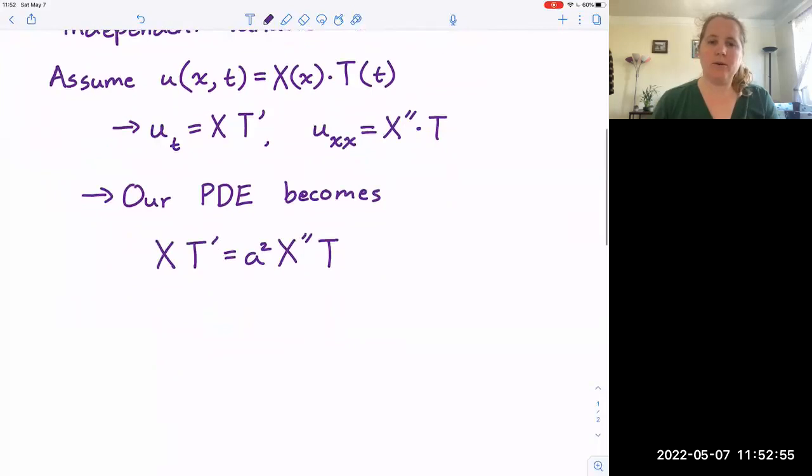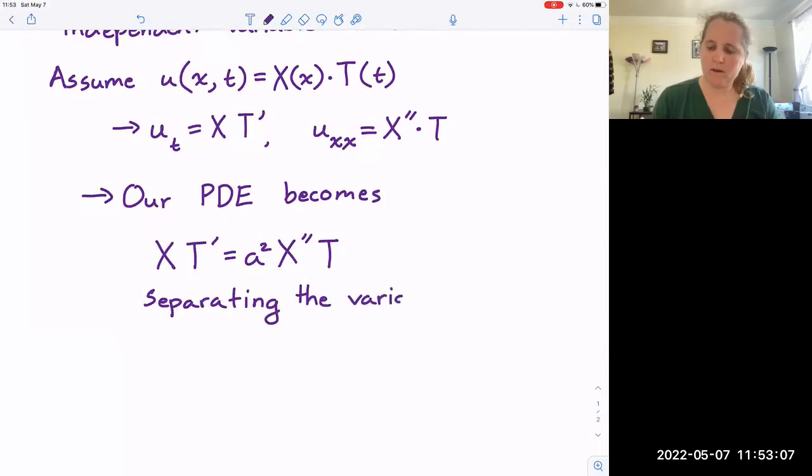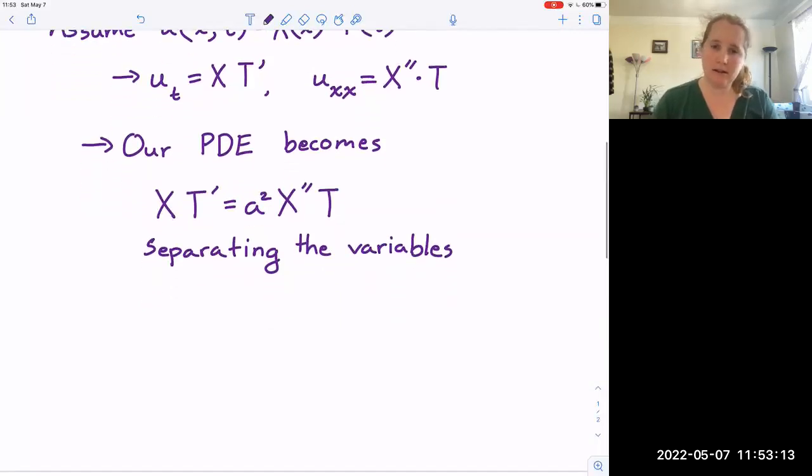And so we can go ahead and now perform separation of variables. Again, capital X is a function of x, capital T is a function of t.